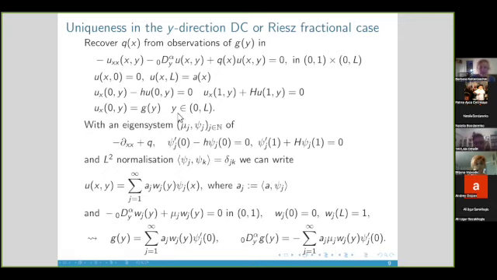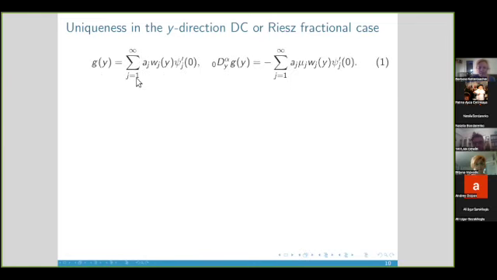But these eigenvalues and eigenfunctions are still hidden inside a sum. Yes, we have an infinite linear combination of these eigenvalues and eigenfunctions. But they also come with a y-dependent function w j, in both cases. And as I mentioned, these w j's are linearly independent.